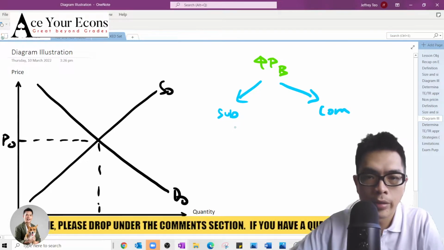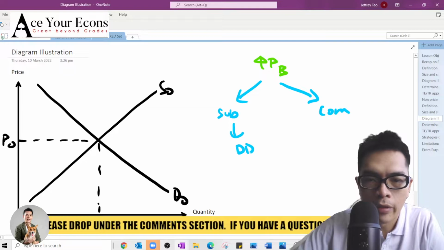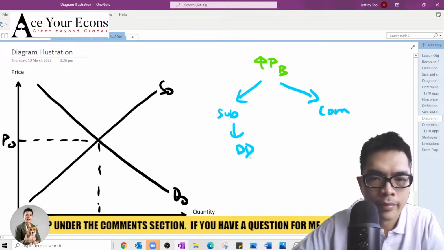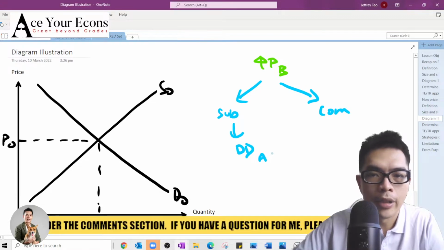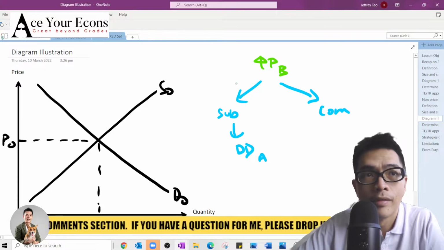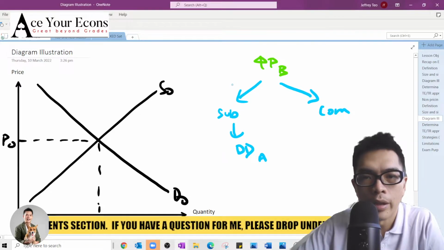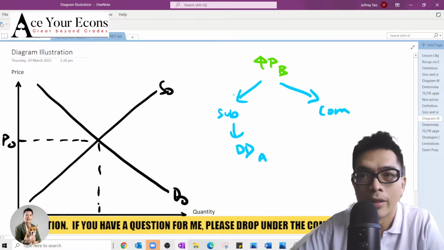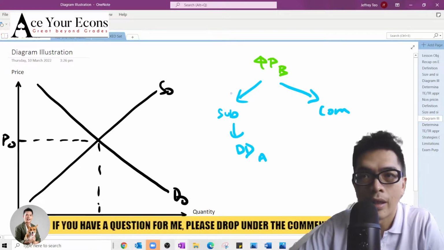If they are substitutes, what is going to happen to demand for good A? This is the market for good A. If they are substitutes, will demand shift right or shift left? Come on, quickly. This is demand for good A. We're not concerned about price, and we're not concerned about the market for good B. Good.